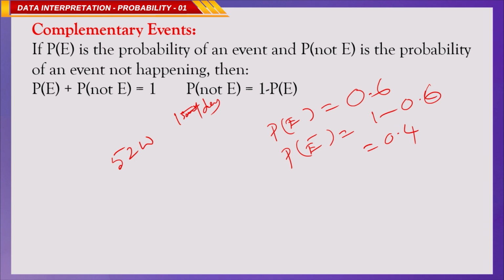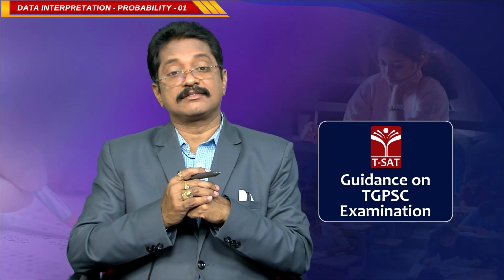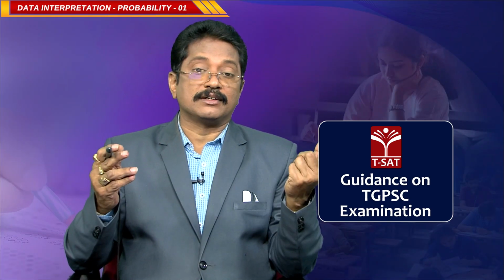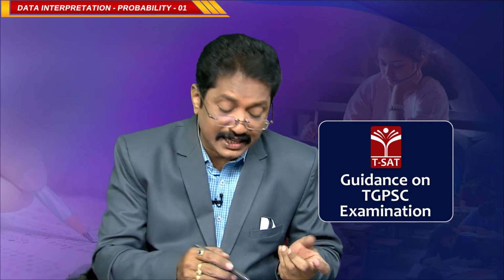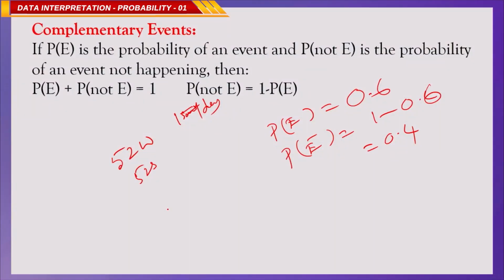From 52 weeks we have 52 Sundays. This extra day may be any one of the weekdays: Monday, Sunday, Tuesday, Wednesday, Thursday, Friday, Saturday. There are 7 possibilities. Favorable outcome is 1, total outcomes 7, so the probability is 1 by 7. So, we can say getting 53 Sundays in a year is 1 by 7.